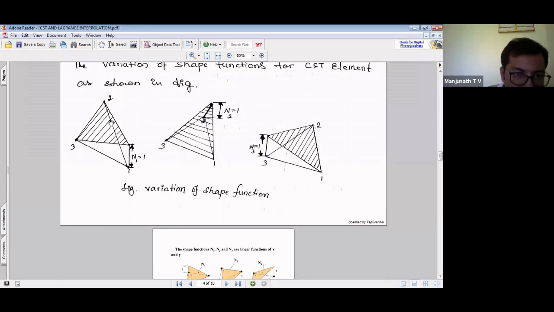This is the triangular element: node number 1, node number 2, node number 3. Just consider one point inside it.